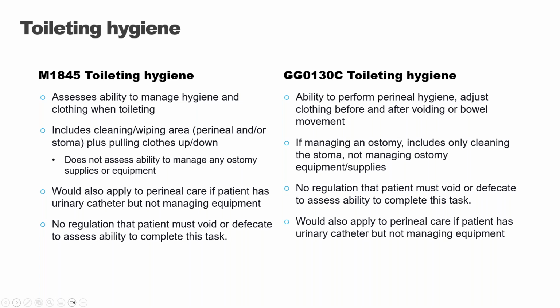If managing an ostomy, it includes only cleaning the stoma, not managing the supplies. And again, we don't have to actually see the patient complete this task to assess the ability. And this would also apply to perineal care if the patient had a catheter as well for this one, but again, not managing those equipment.